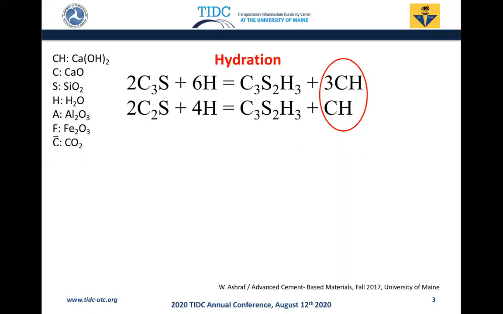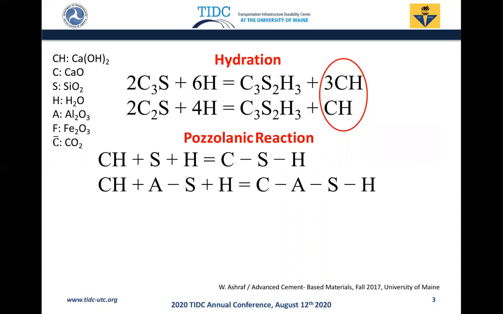Here we suggest two solutions for consuming this extra calcium hydroxide. First, using pozzolanic reaction with siliceous or aluminosiliceous material, we can react with this CH and produce some extra CSH that is binder, and we like it.